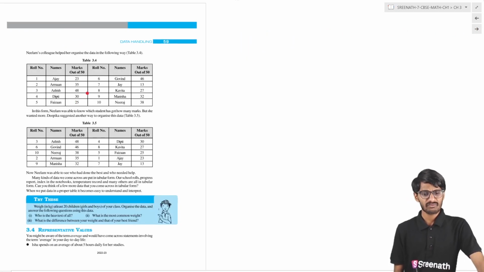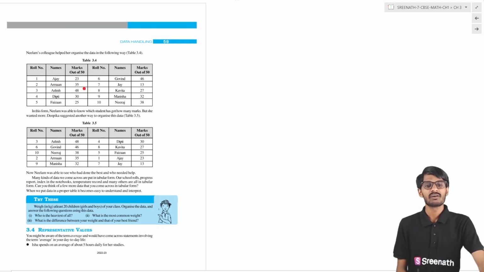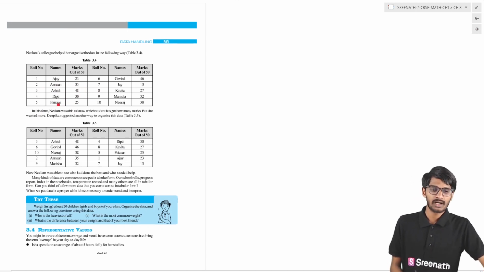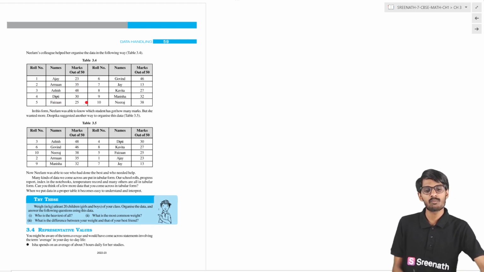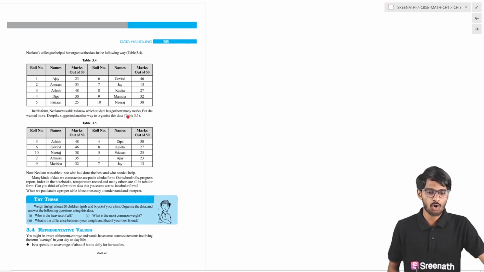So further she has written in this form. Further again her colleague has given some more ideas. In this form, Nilma was able to know which student has got how many marks, but she wanted more. Deepika suggested another way to organize this data.